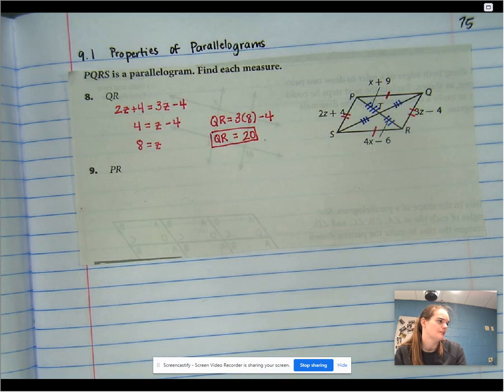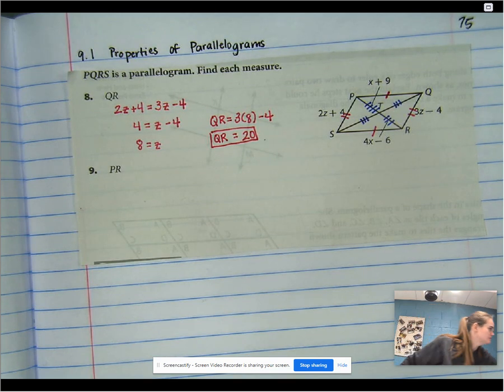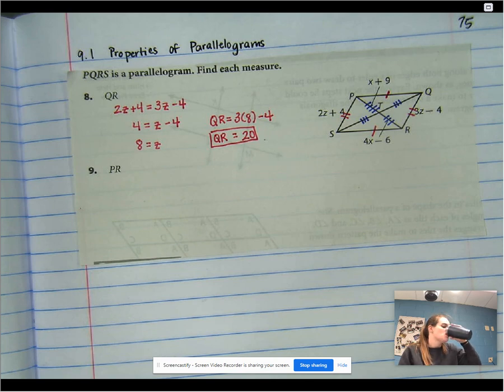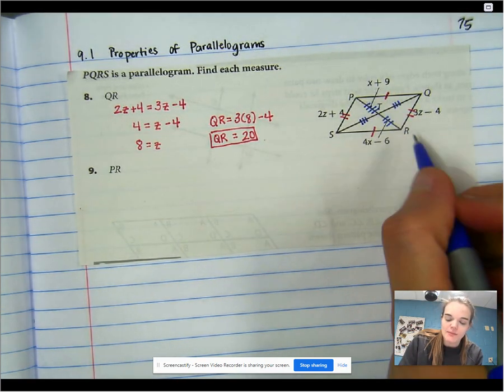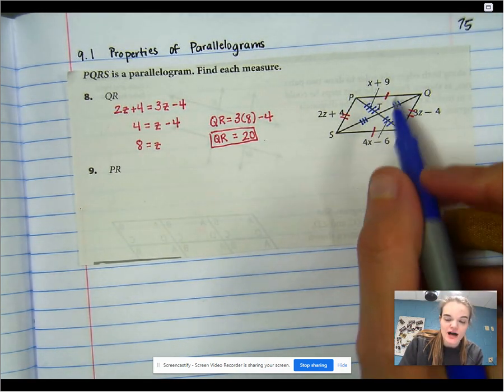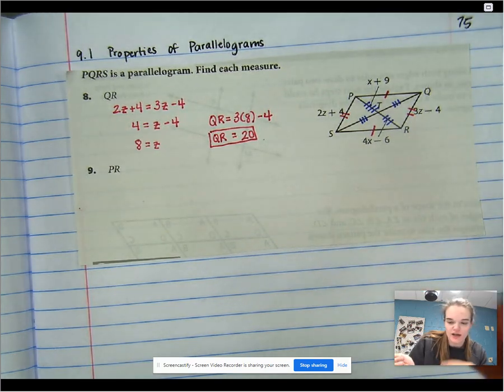Pause the video and try to find PR real quick. Okay, PR is this entire diagonal. Before we find this entire diagonal, I'm going to need to find the value of x.